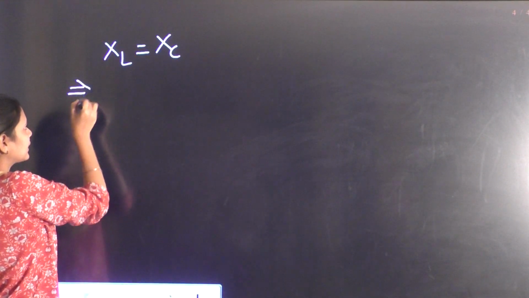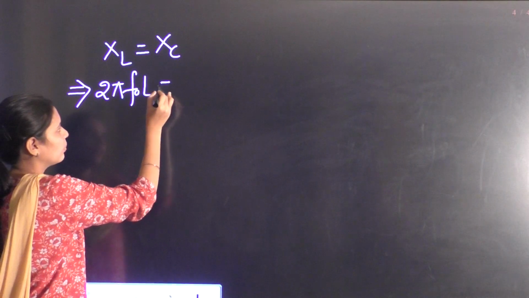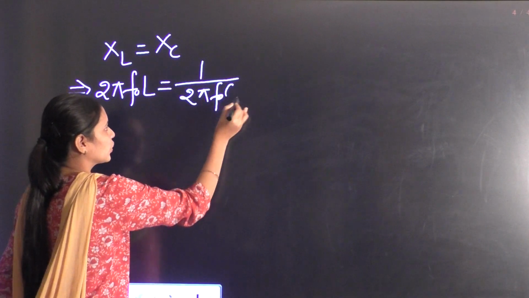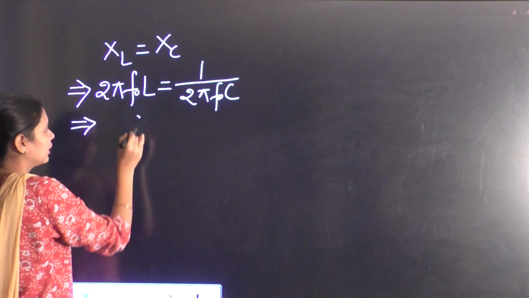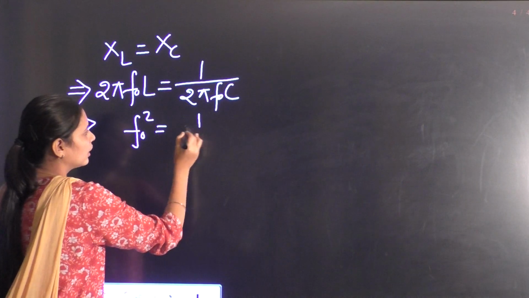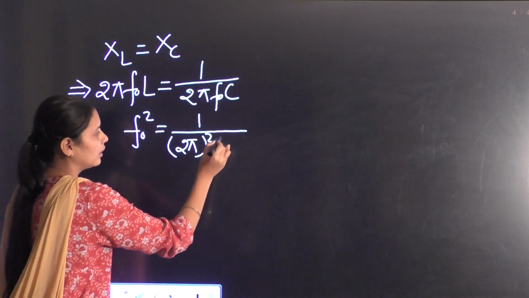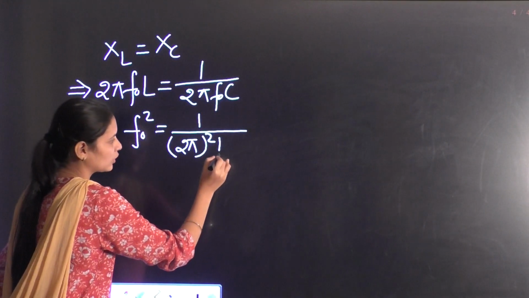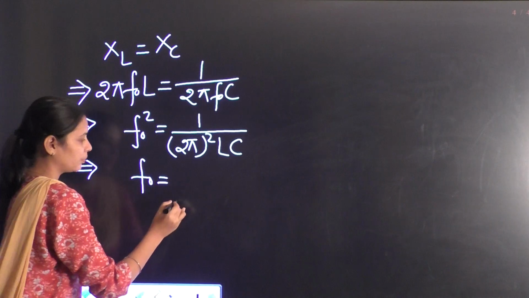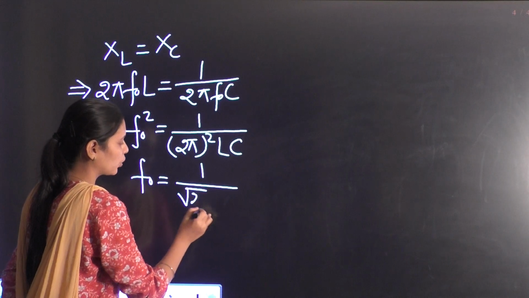So XL is calculated by the formula 2 pi f naught into L, and XC is 1 by 2 pi f naught C. Multiplying, I will get f naught square is equal to 1 by 2 pi whole square into L into C. To calculate f naught, I will take the square root.